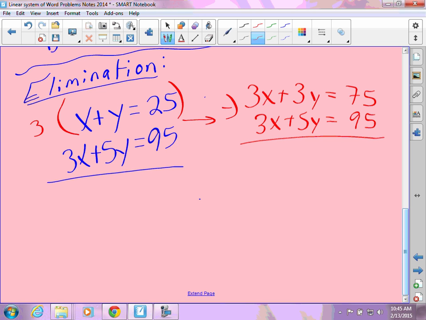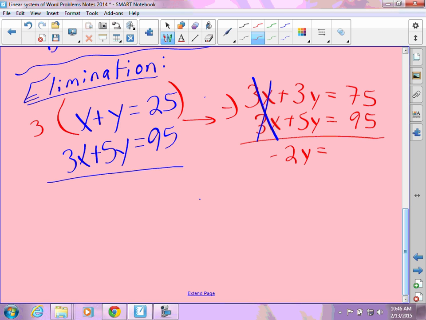Because you learned it. It's review. You were just tested on it, and you did really well, didn't you? Yeah, absolutely. Okay, so let's subtract. 3x minus 3x is 0. I eliminated it, right? 3y minus 5y gives me negative 2y. 75 minus 95 is negative 20. And then negative 2y equals negative 20, so y gives me 10.